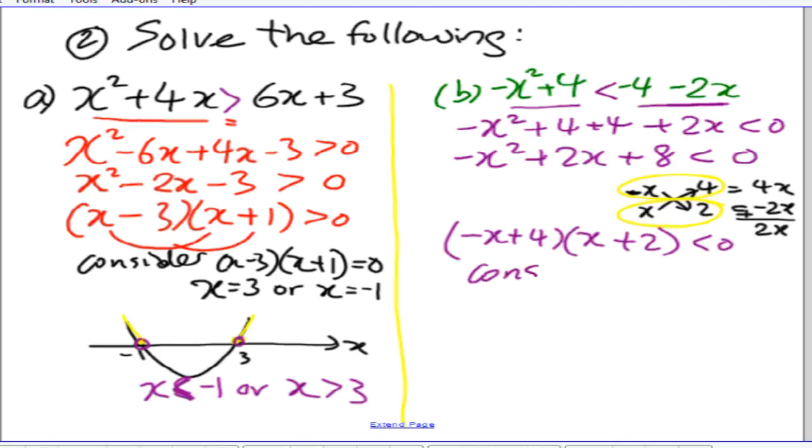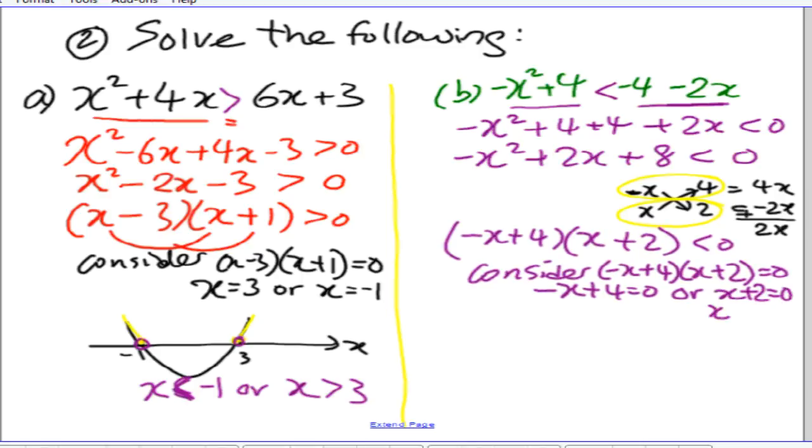So consider equality. Then I will have negative x + 4 = 0, or x + 2 = 0. That is, x = -2, or x = 4. Then I will need to sketch the graph out for x.